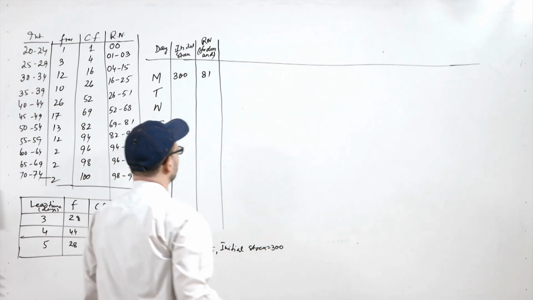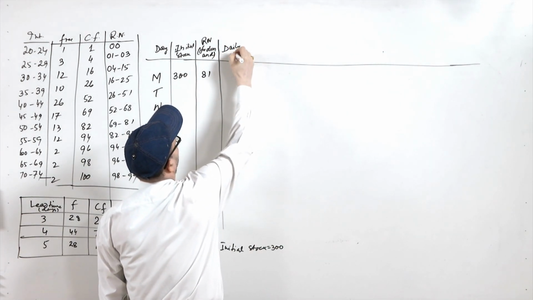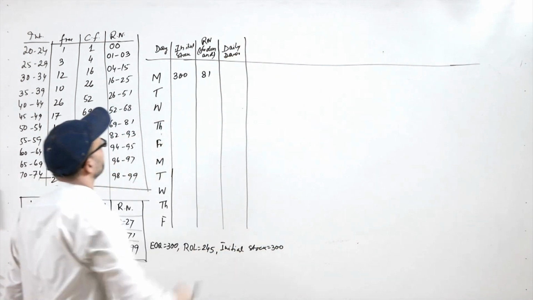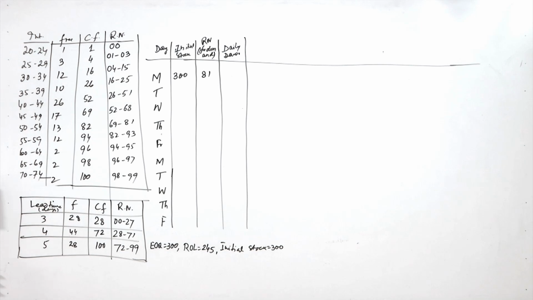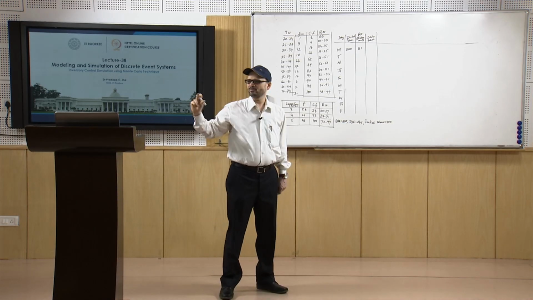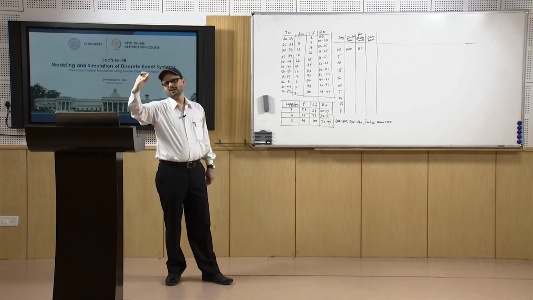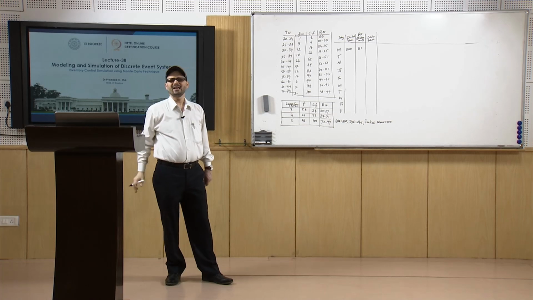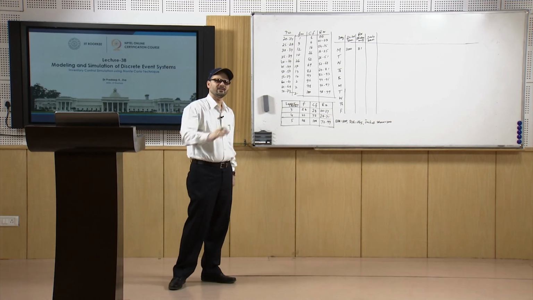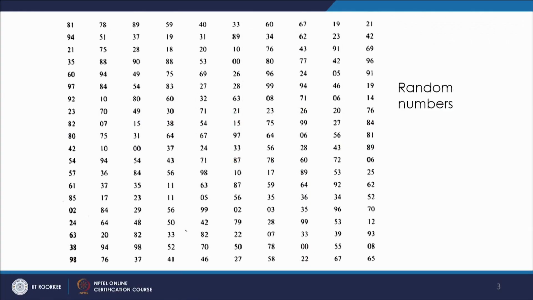Then next is the daily demand. This 81 is the random number for the demand. We take the random numbers for demand from the north-west corner, that is 81 and 78 onwards, and for the lead time we take from the diagonally opposite corner, that is from 65 onwards: 65, 67, 22, 58 like that.